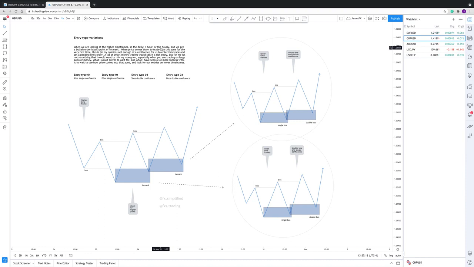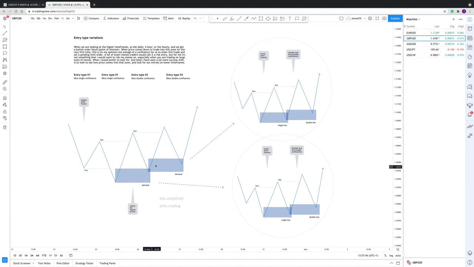For you, it could be the 4-hour or even the daily as your highest time frame. It comes down to your own preference and your personality and which time frame suits you the most. You haven't got to use the hourly just because I am. You can use the 4-hour or even higher time frames than that.